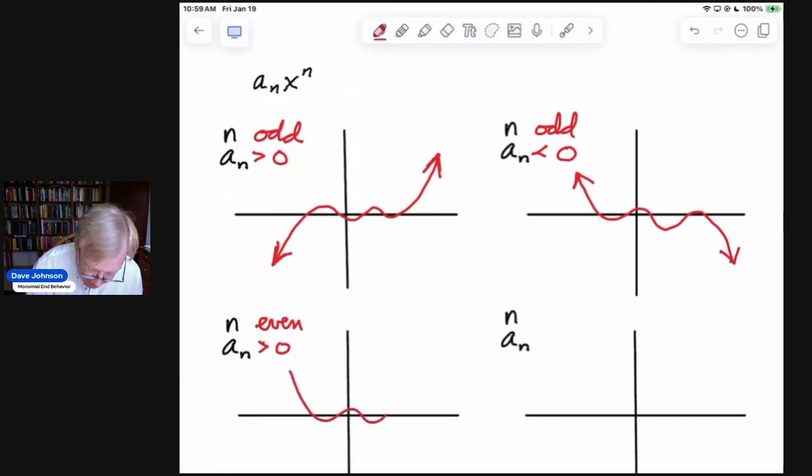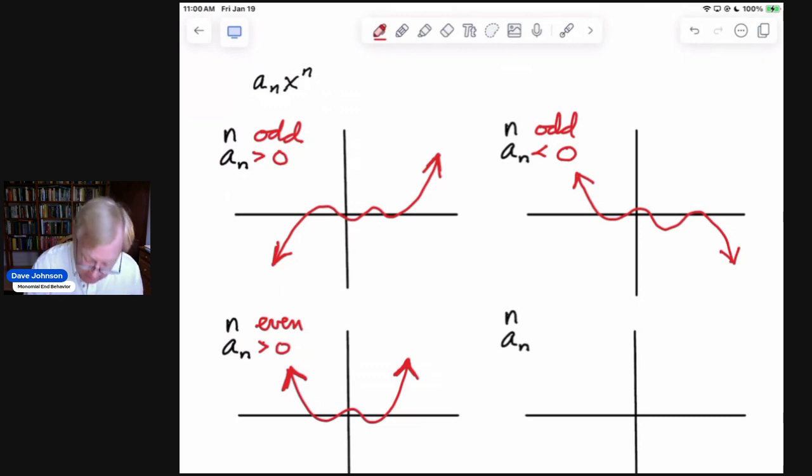Maybe it looks like that. We're not being specific about how those turning points look at this point. We're only interested in the end behavior. But if n is even and the leading coefficient is positive, it's going to start high and end high. That's what we mean by end behavior. Where does it start? Where does it end? For large values of x, either in the positive direction or the negative direction.